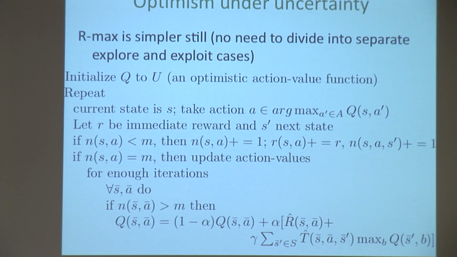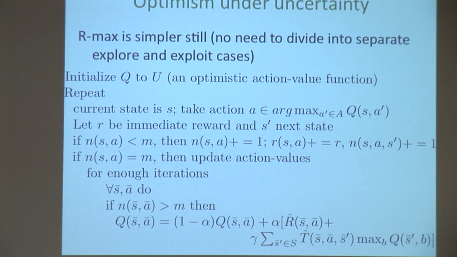Now, since M is large enough, my model is going to be nearly accurate, which means that this update is going to maintain optimism. Exactly what we did in delayed Q-learning. This is very much like delayed Q-learning, except you're not doing the empirical average, you're doing the estimated model.